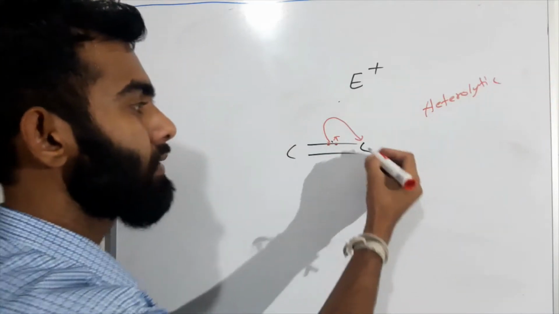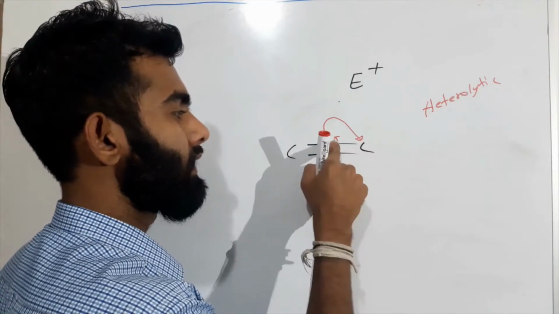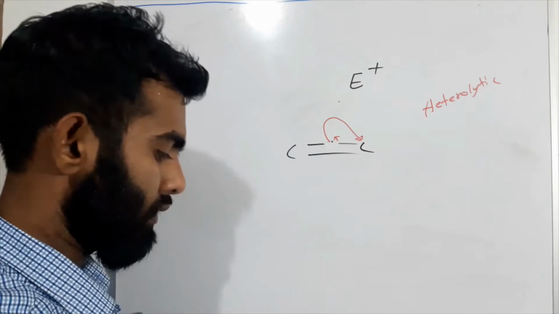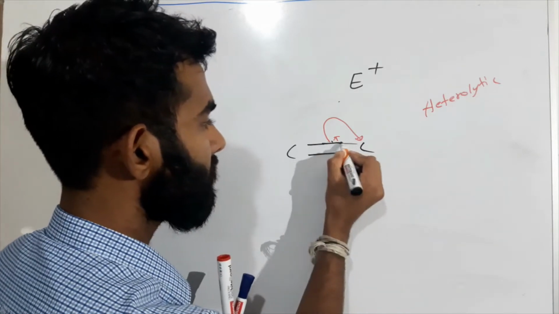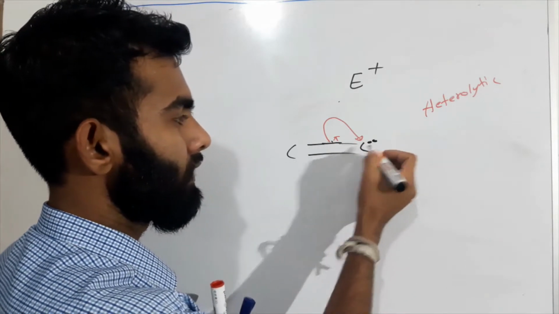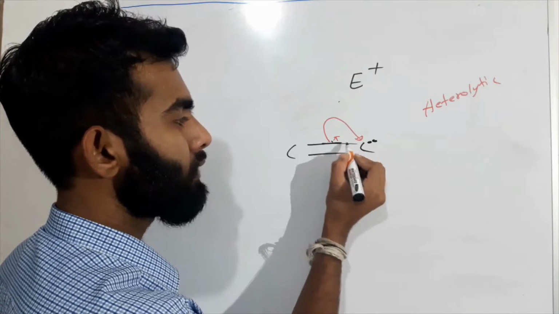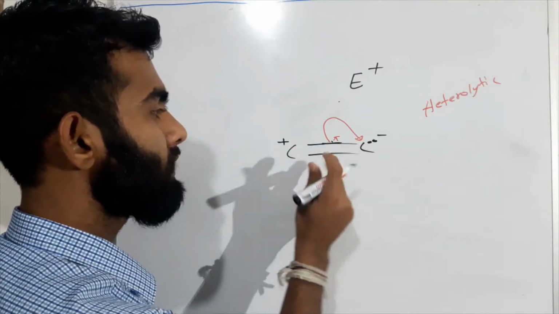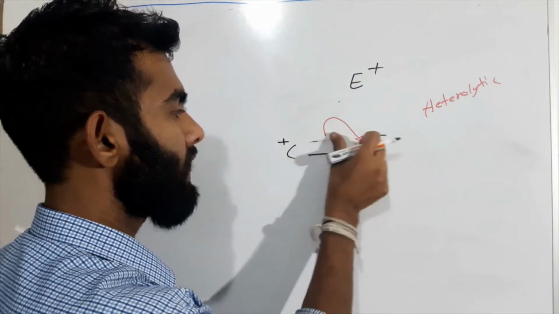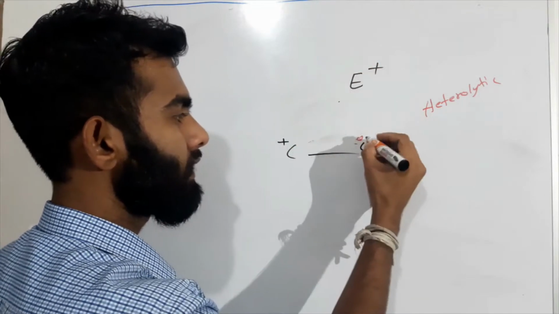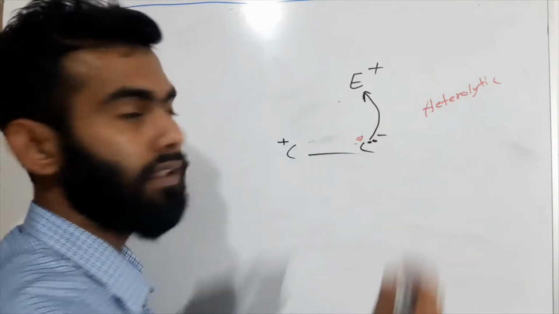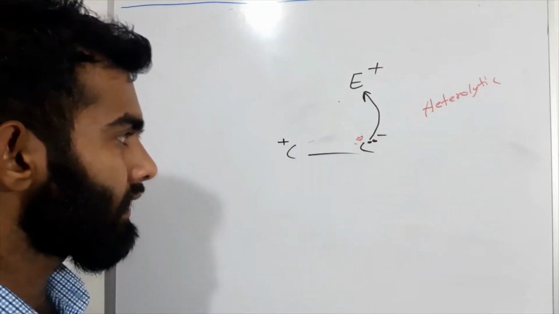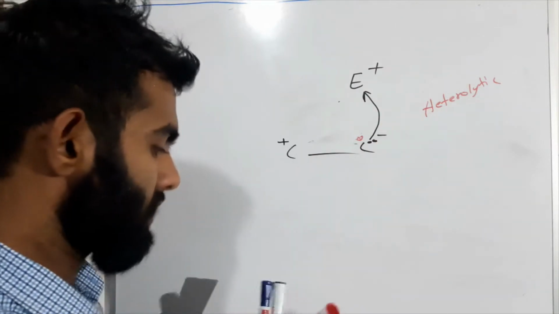So heterolytically it goes to one carbon, and that carbon gets those two electrons like this. By getting those two electrons, it becomes negatively charged. This carbon will be positively charged, and now that lone pair will attack the electrophile. That's the basic thing going on in that type of reaction.